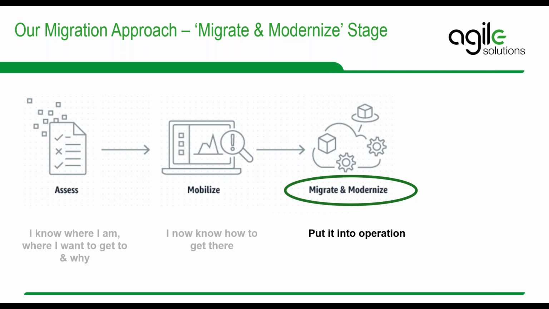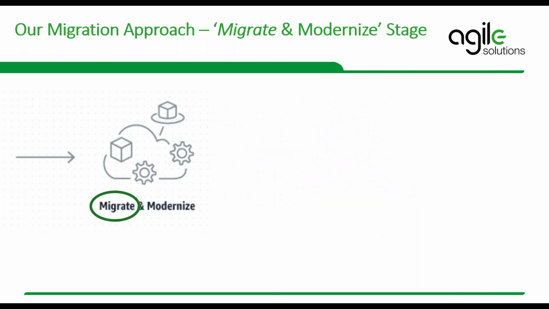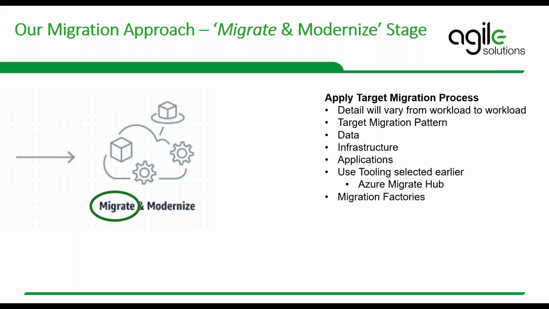So now we move on to Migrate and Modernize, where we put everything that we've done up to now into operation. So firstly, migration. Migrate at scale consists of building blocks, practices, tools, resources, and methodologies defined and tested during the assess and mobilize phase. In the migration phase, we work with our customers to execute the migration plan and implementation developed during the earlier phases, covering all aspects such as data, infrastructure, and so on.